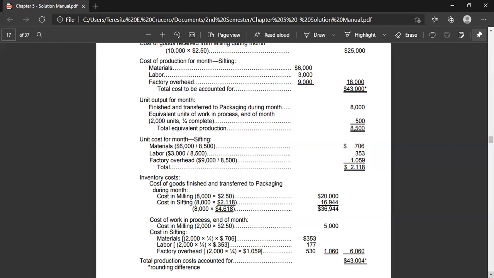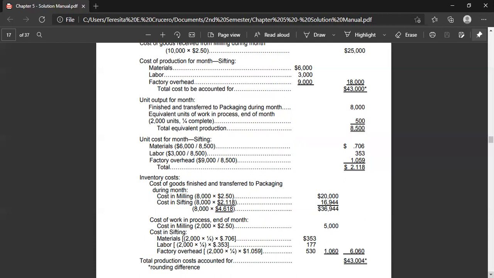That's your inventory cost. So what happens if we have the cost of 20,000 and the cost of multiplying 8,000 by 2.11. So that gives us 6944. That's the total cost to be accounted for.